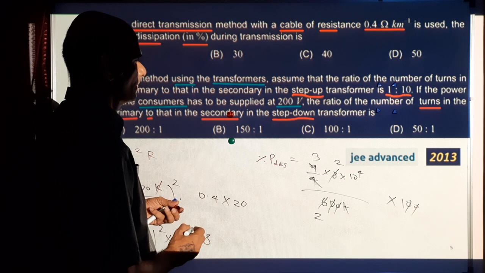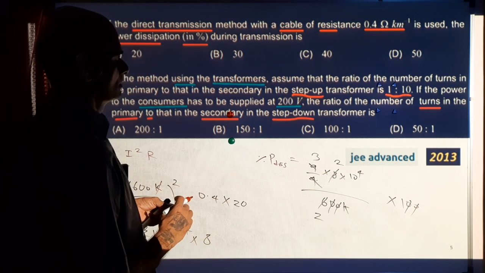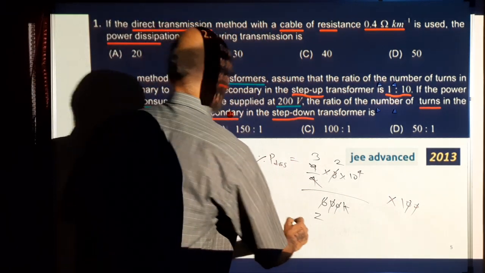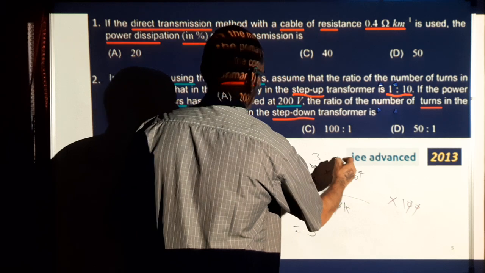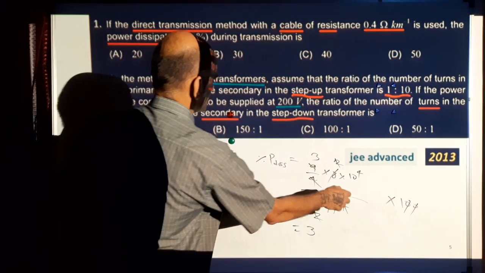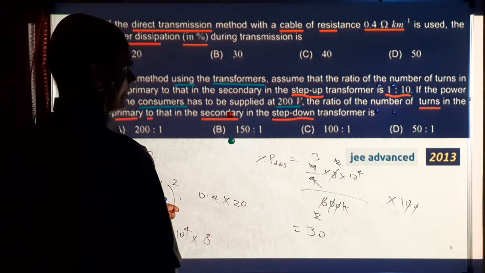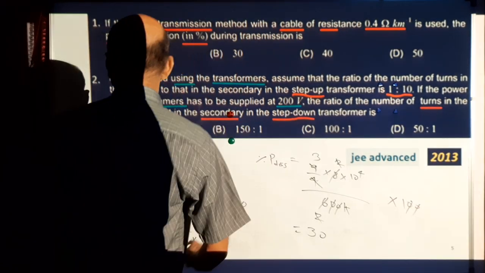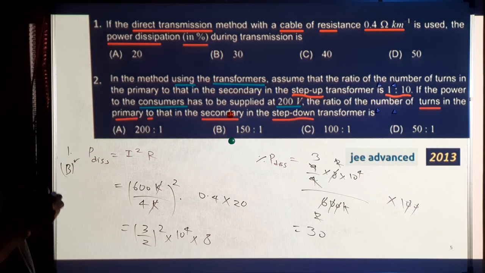So 3 into 10 raised to 4, there is a K here. 2 will cancel. So 3 into 10 raised to 4 by 1000, so it's 30. So 30%. So option B is the correct answer for 1, 30%.